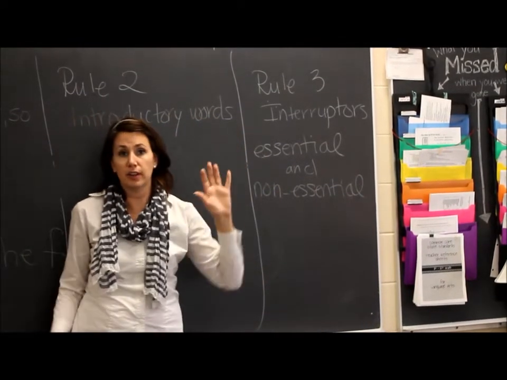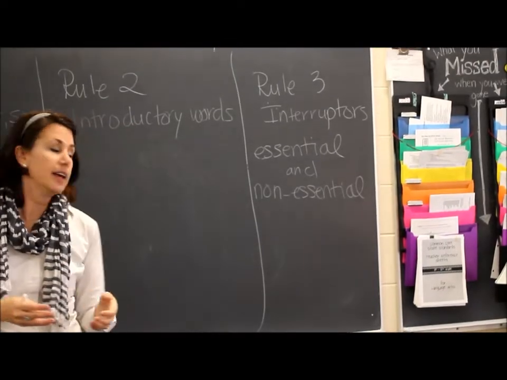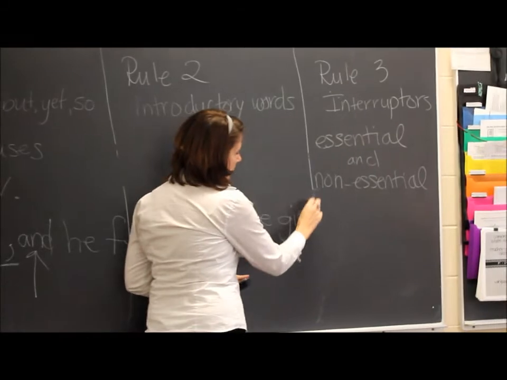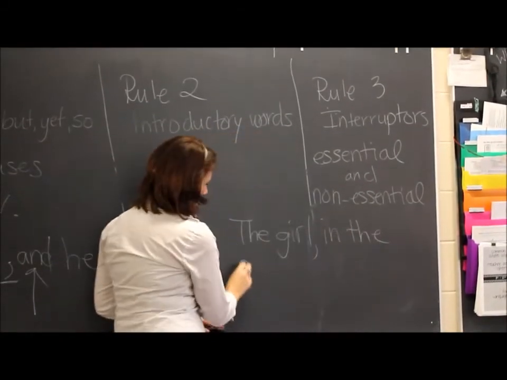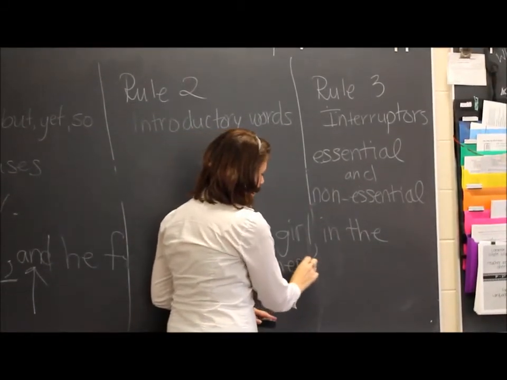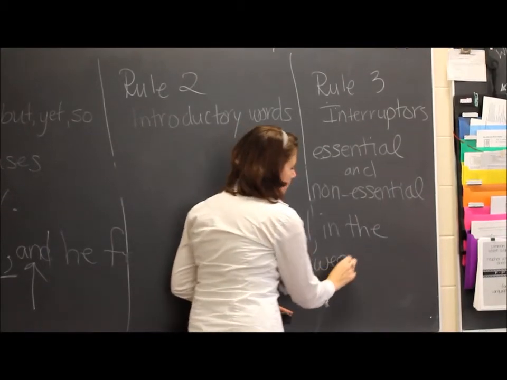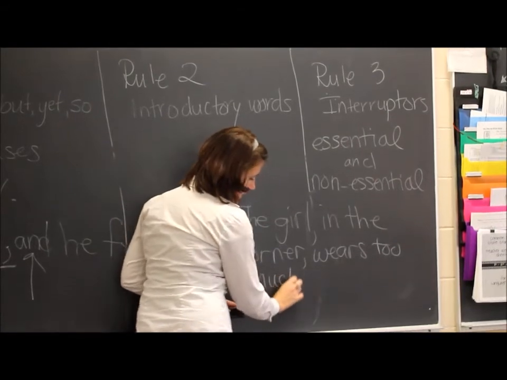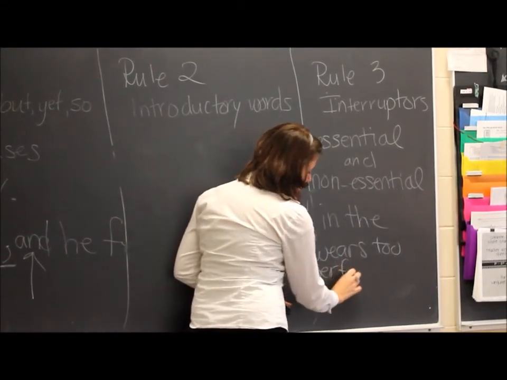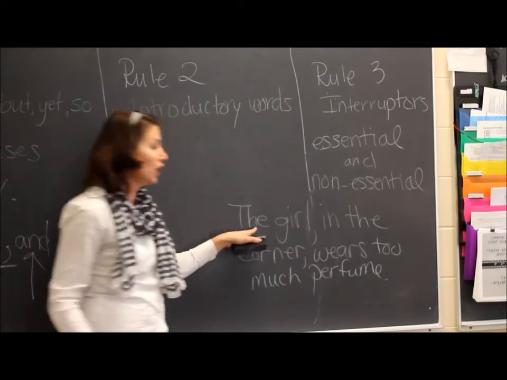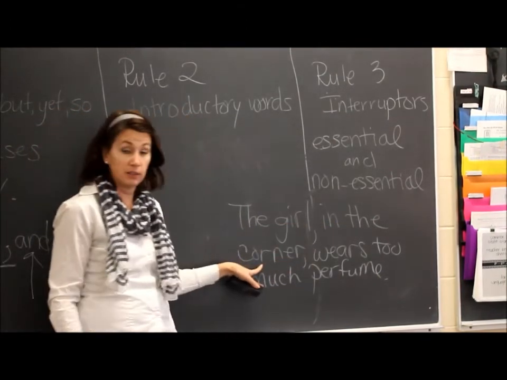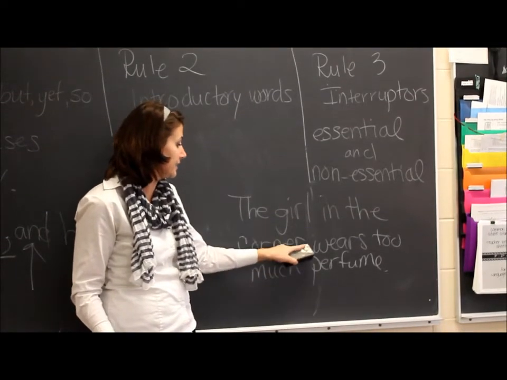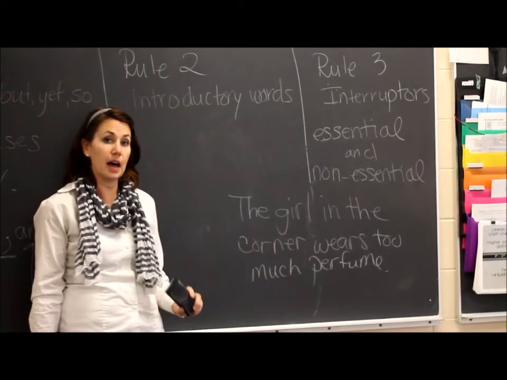So if the phrase in your sentence is essential, if it's necessary, like the girl in the corner wears too much perfume. Okay, the girl in the corner, I need to know who she is in order to understand the sentence. It's essential. So that does not get commas.